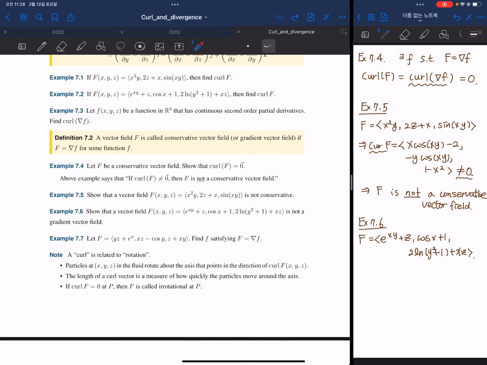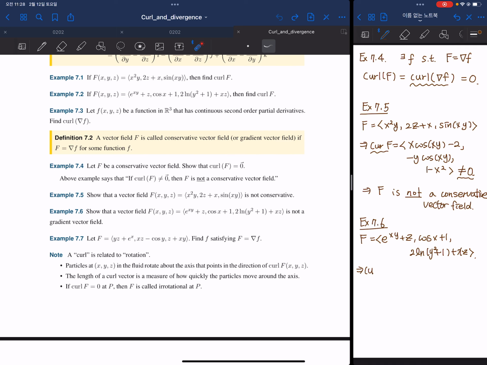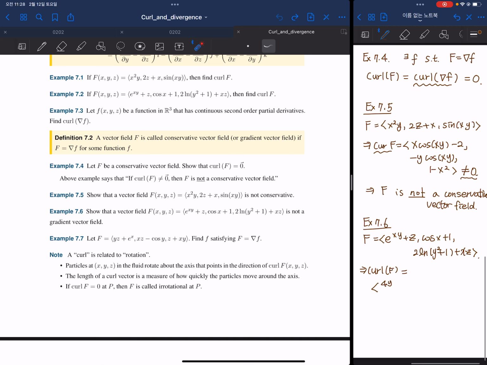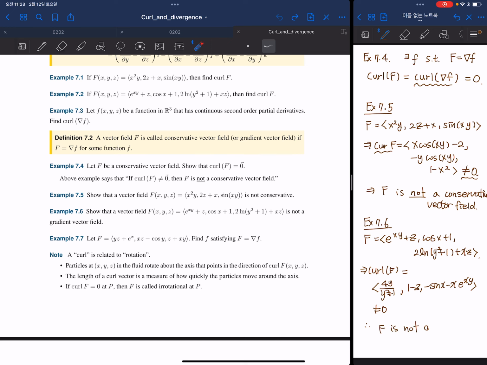But this one we have also already found the curl of F, and I think it was y over y squared plus 1 and 1 minus z, and then minus sine x minus x e to the xy. And this is not 0, so we can say this F is not a gradient vector field.